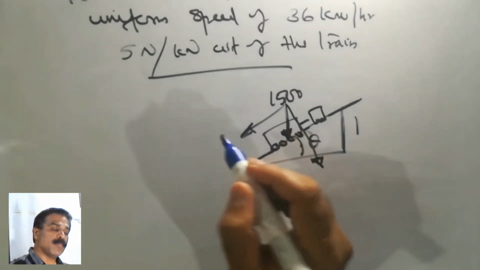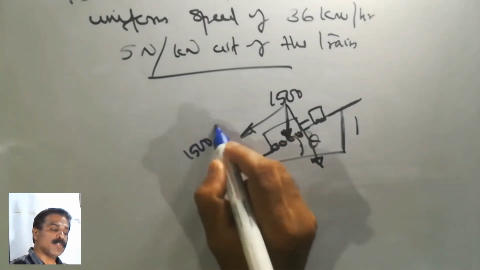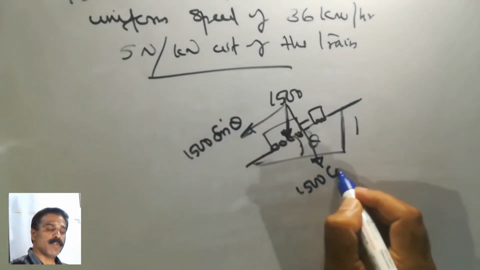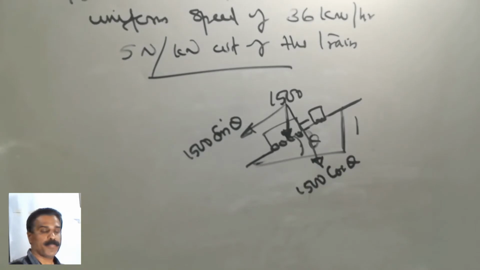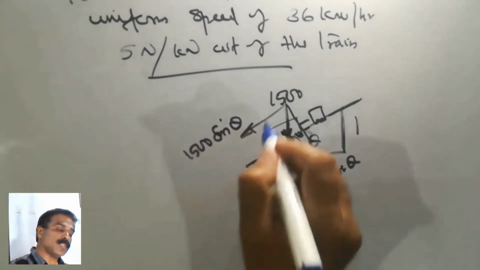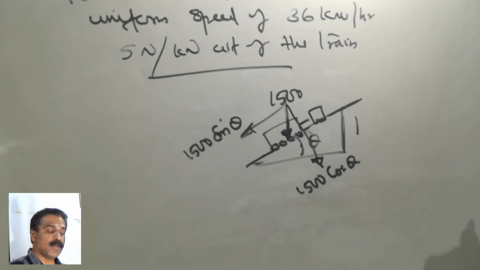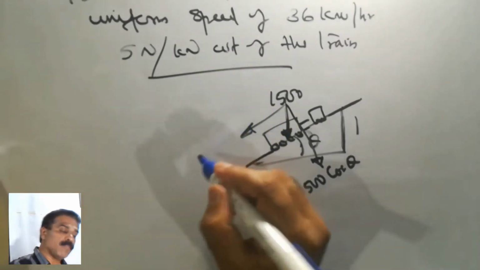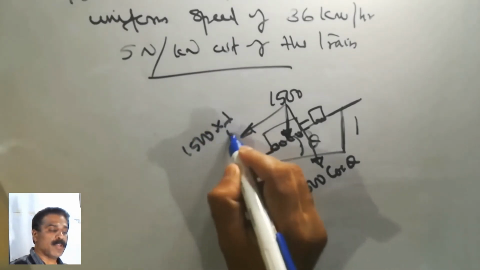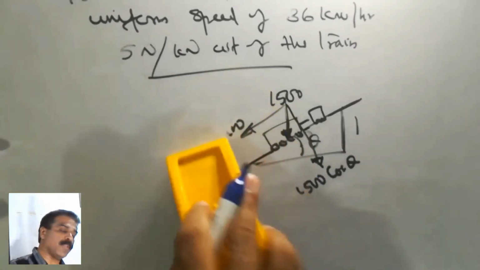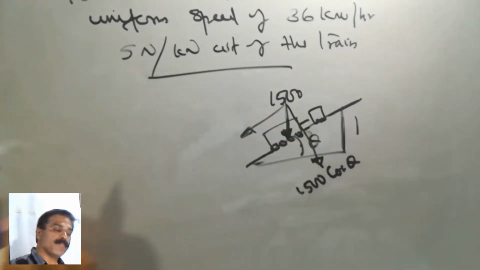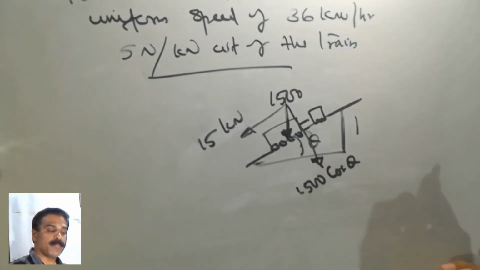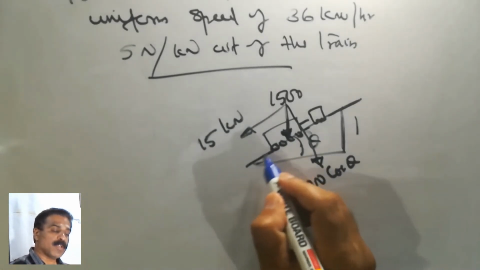That is, this component will be 1500 sin theta, and this will be 1500 cos theta. So this term 1500 sin theta, by substituting the value of sin theta, we get 1500 into 1 by 100, which is equal to 15 kilonewton.